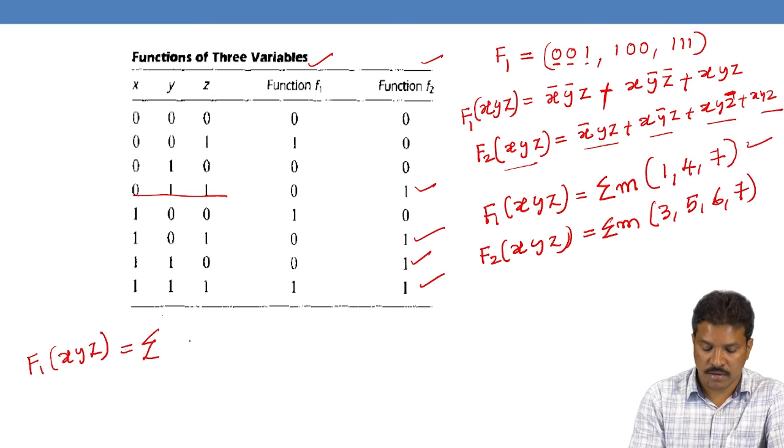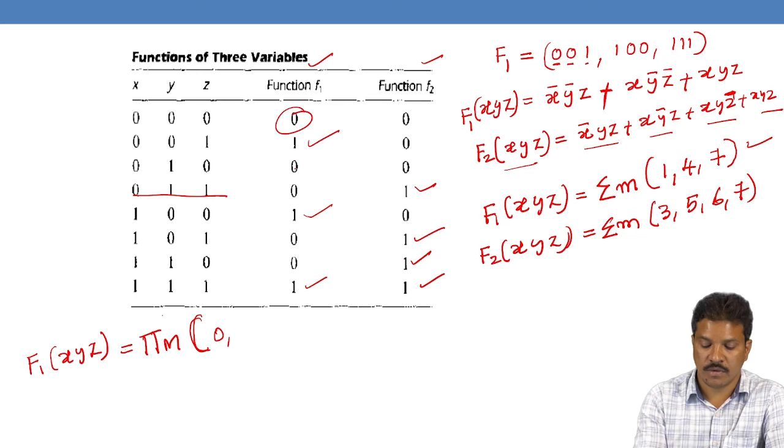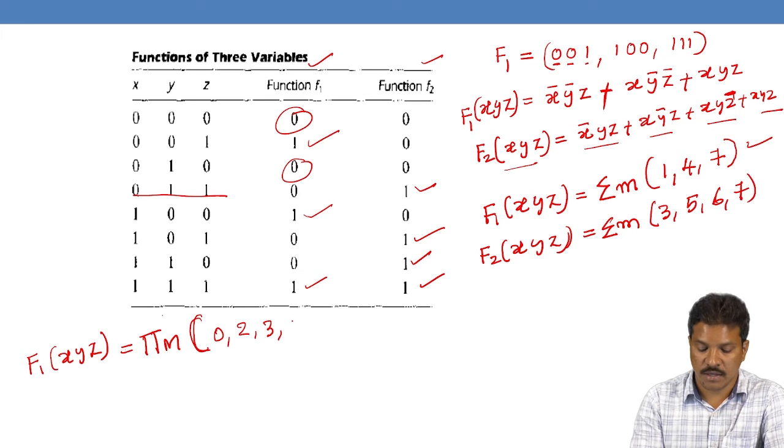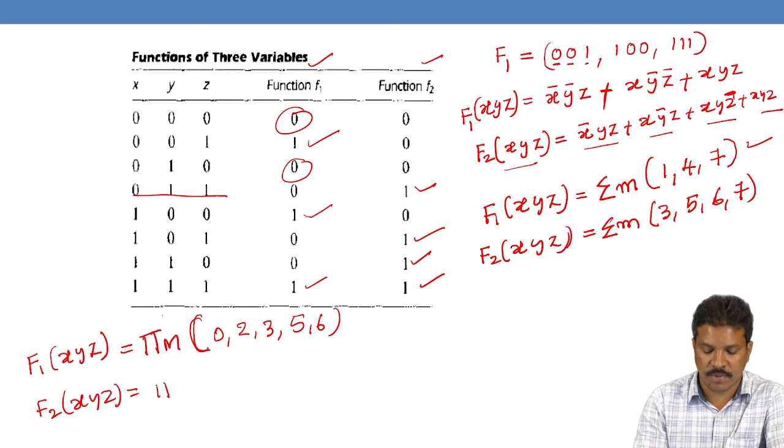Capital M, or we can represent it with pi M. Here the symbol used for the maxterm is pi M. So other than 1, 4, 7, we take the rest as maxterms: 0, 2, 3, 5, 6 for the f1 expression. f2 of x y z in the maxterms we can represent with the pi M.